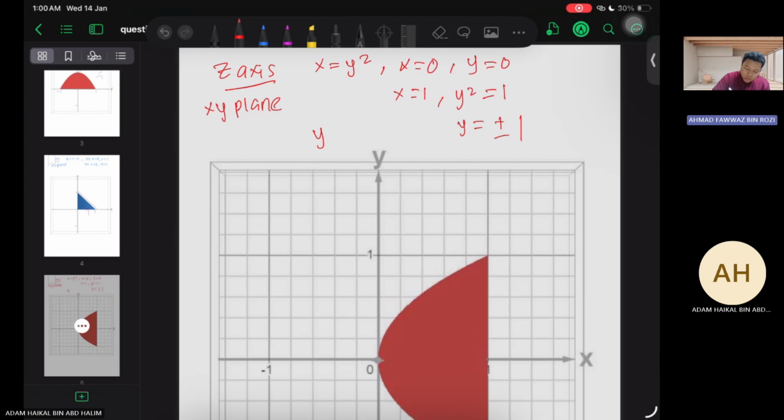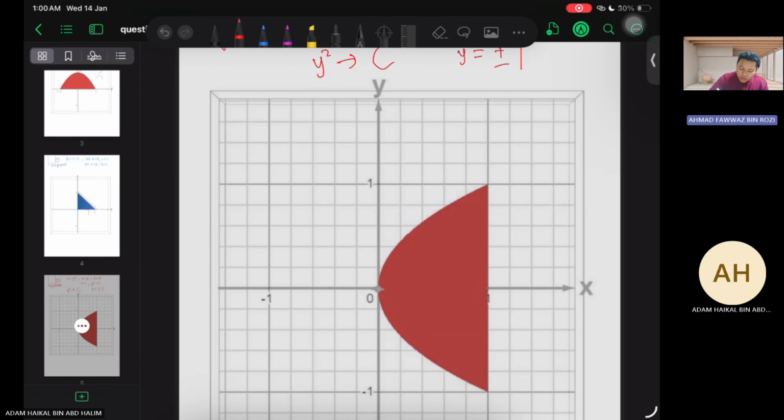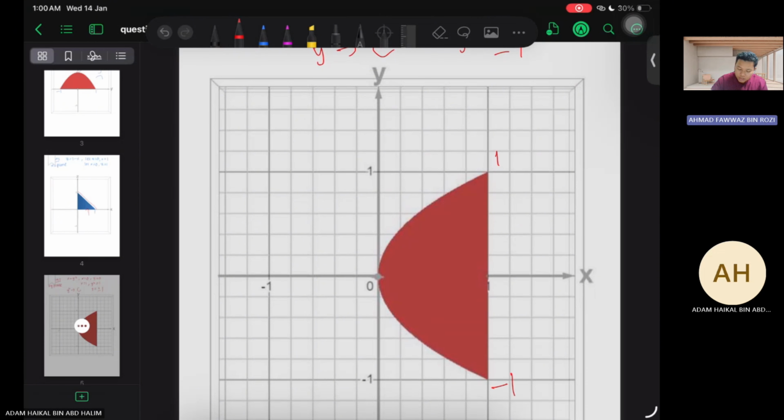We know that y square is a C shape in the graph, and we can show the graph is from negative 1 to 1 region, and it must touch the 0, 0 point, and we get the graph.